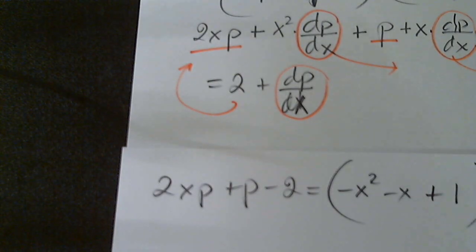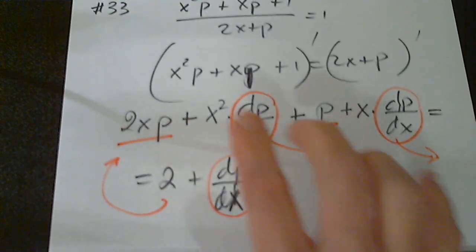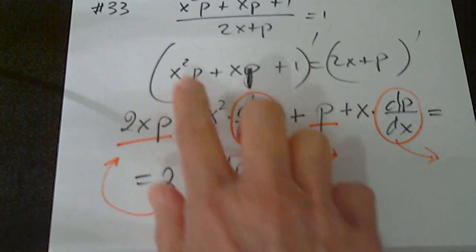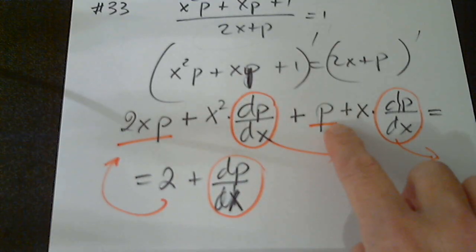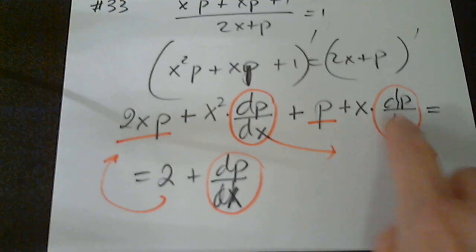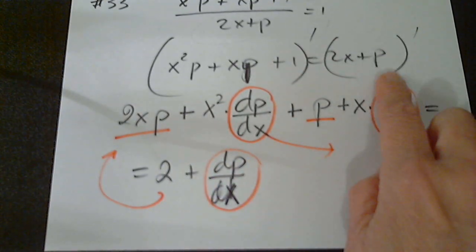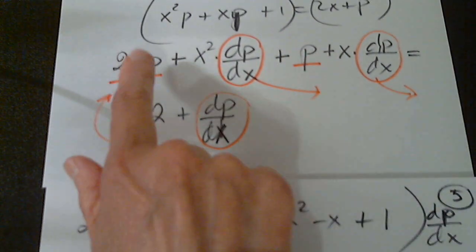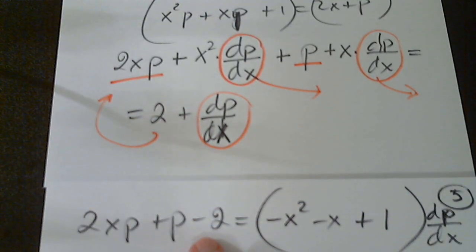So let's redo this step one more time. The first function prime is 2x times the second one plus the first times the second function prime. First function prime is 1 times the second plus the first times the second prime. 1 prime is 0. 2x prime is 2. P prime is dp over dx. Then I kept these two terms here, but I moved 2, so I changed its sign.